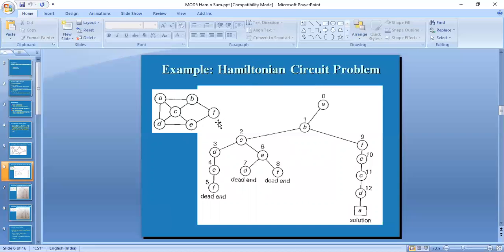So as I told you, each and every problem has certain constraints. The constraint here is starting with A, visiting exactly once all the other remaining vertices and coming back to A.